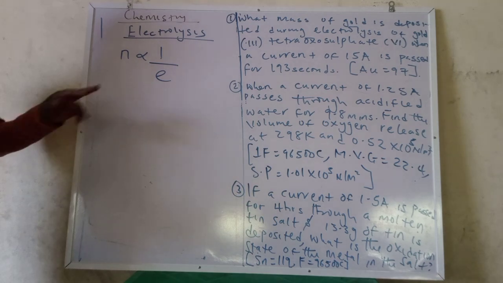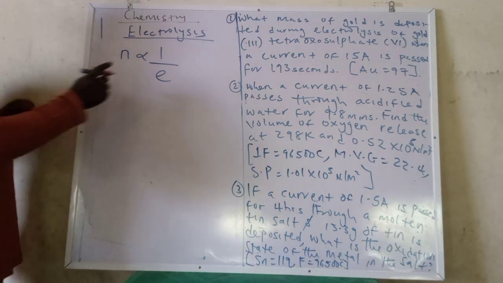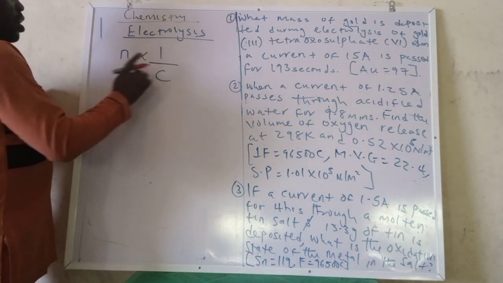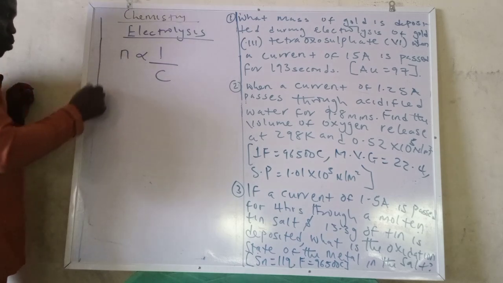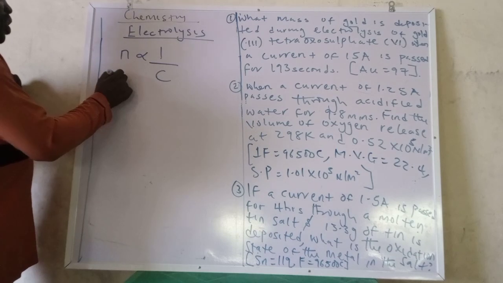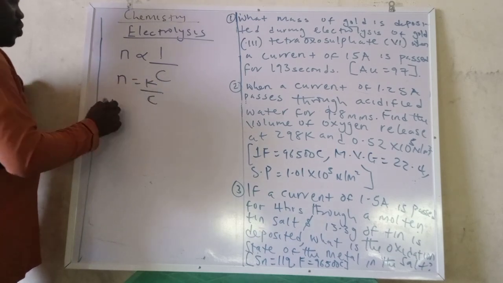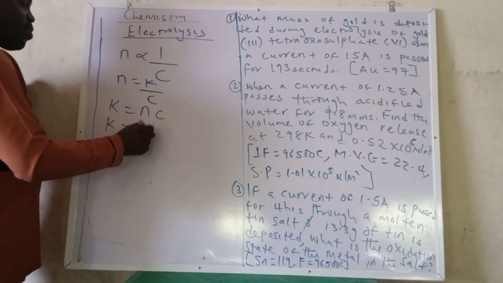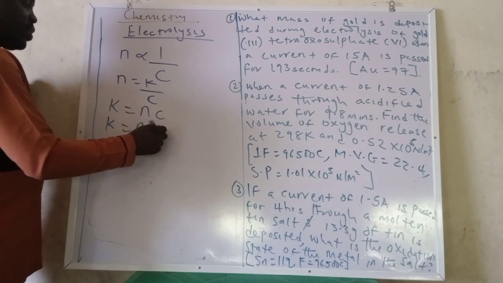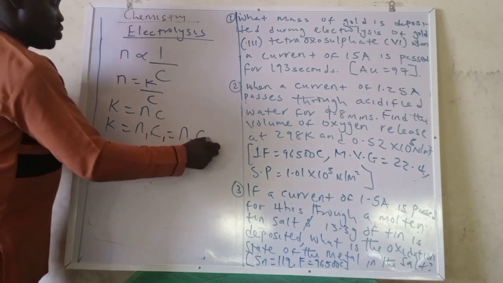Now, I don't know whether you prefer E or C. Which one are we using? C. Okay, so you prefer C. So the relative number of moles is inversely proportional to the charge of the ion. So we have N equals K over C, so that K is N1 C1 equals N2 C2.